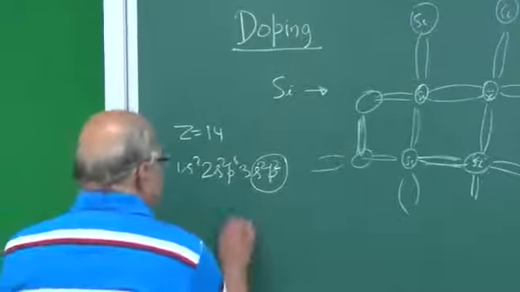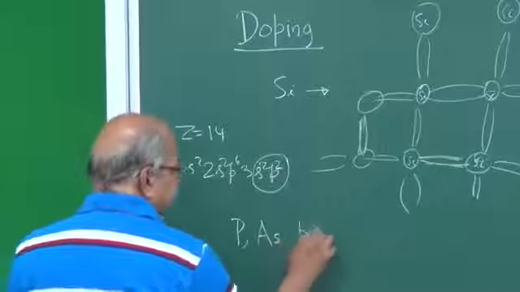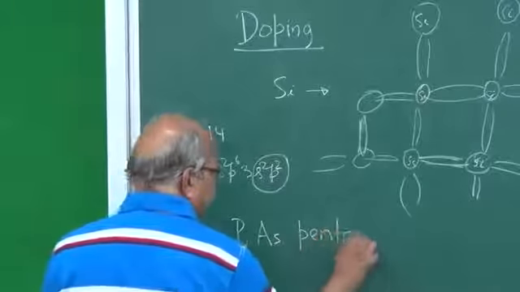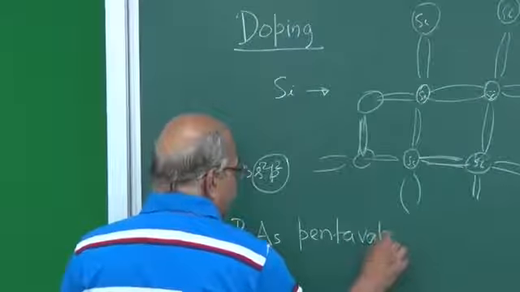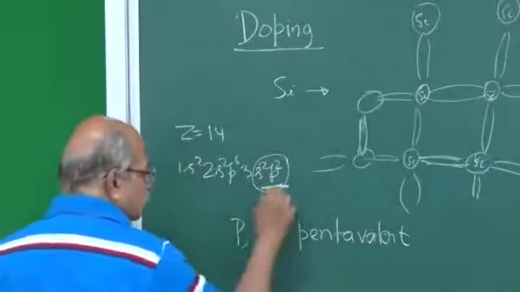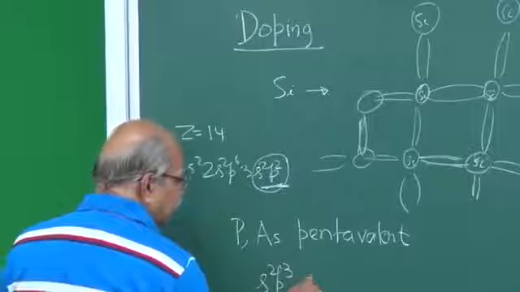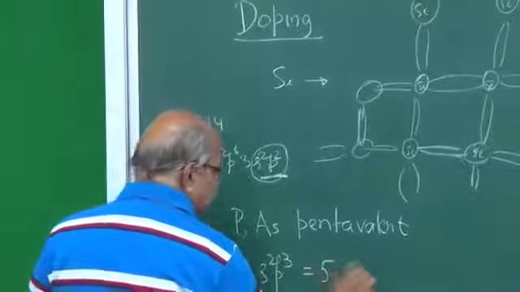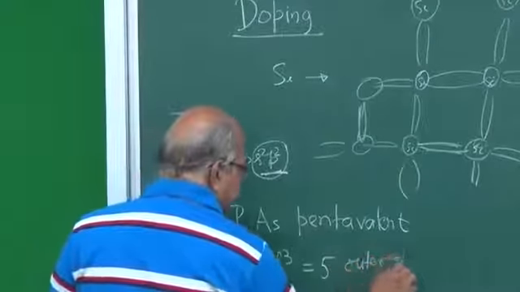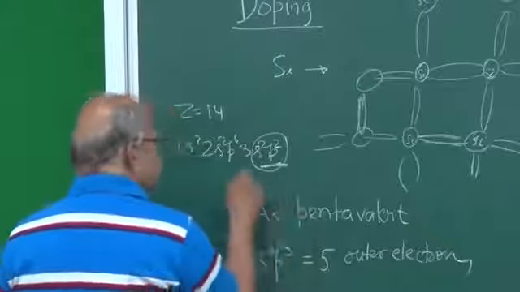These are pentavalent in the sense that the last shell will be s2p3, so 5 outer electrons. Here you have 4 outer electrons.